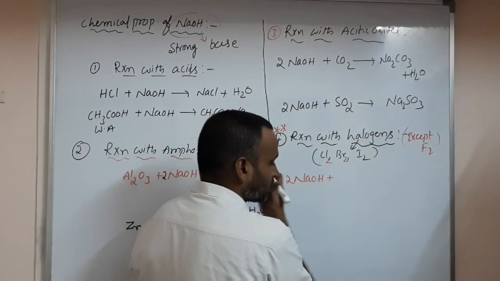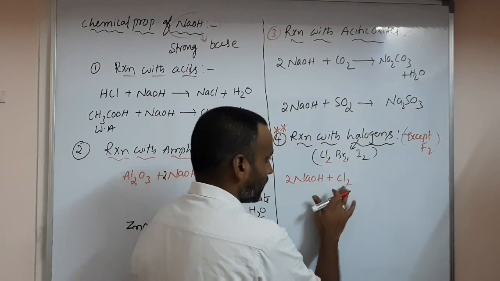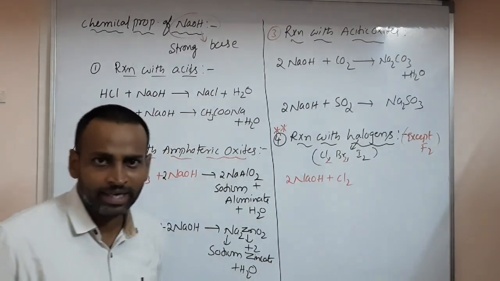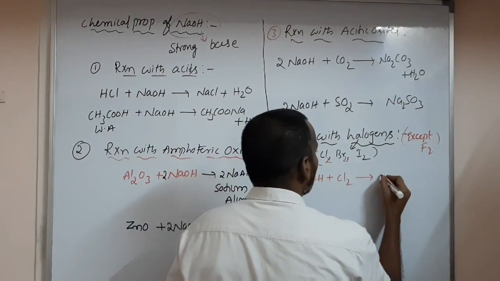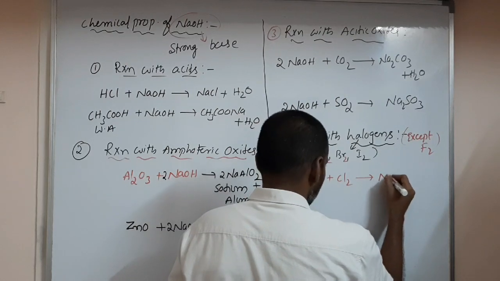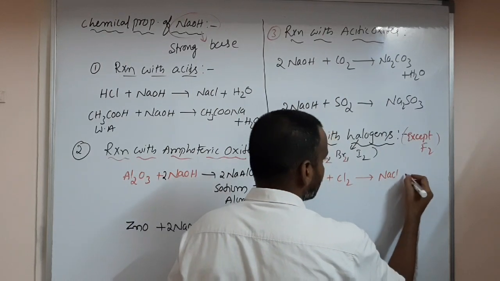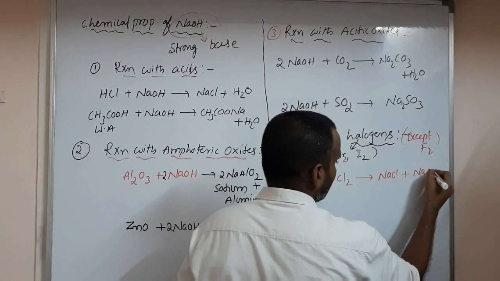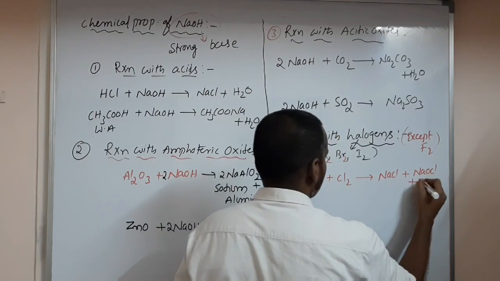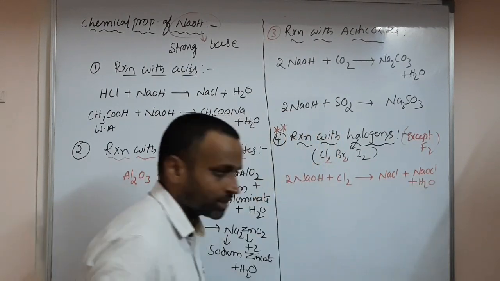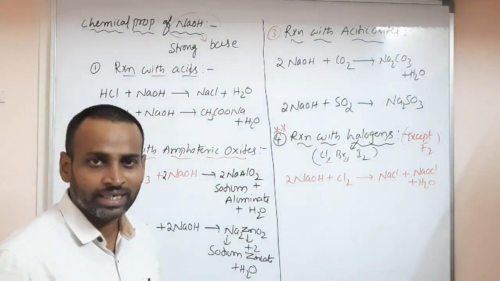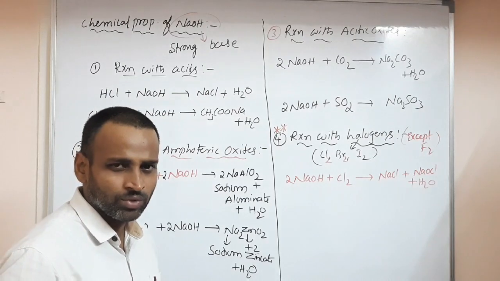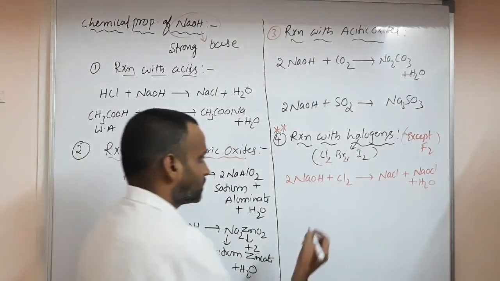Sodium hydroxide when reacting with chlorine, Cl2, I am writing chlorine, you can write bromine and iodine, and you will get NaCl, meaning Cl minus, and NaOCl plus H2O. This is a disproportionation reaction. Do you remember that?